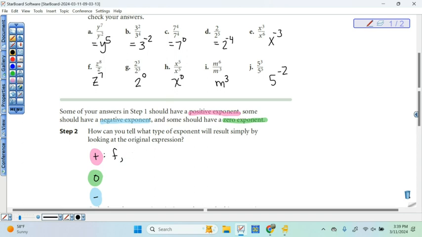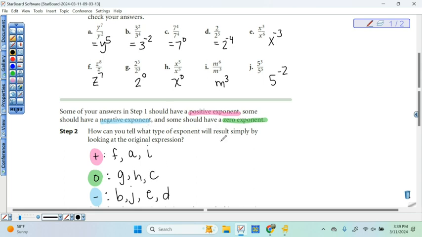A, not B. A, F, and I. Okay. Which letters had negative exponents? What else? E and D. And which ones had 0 exponents? G, H, and C. Good.